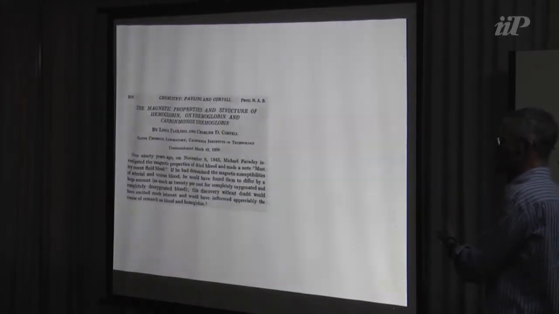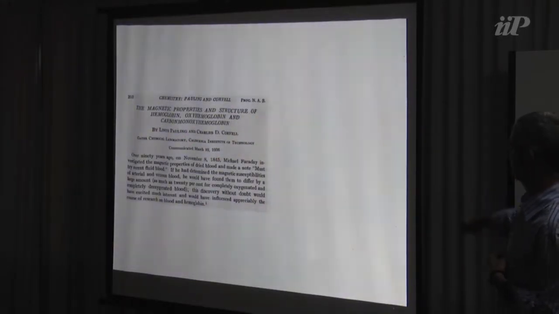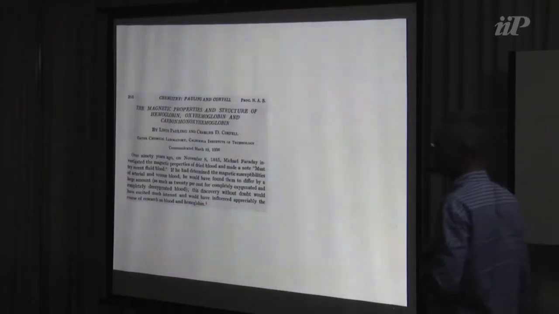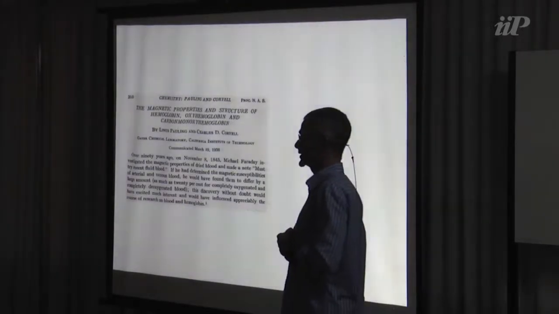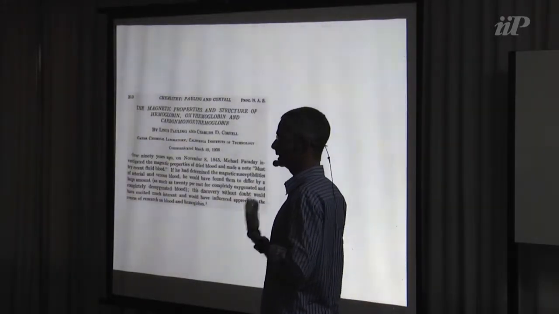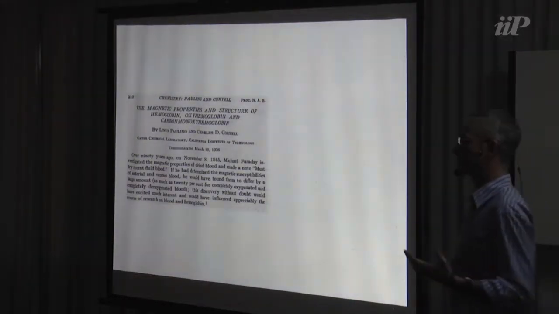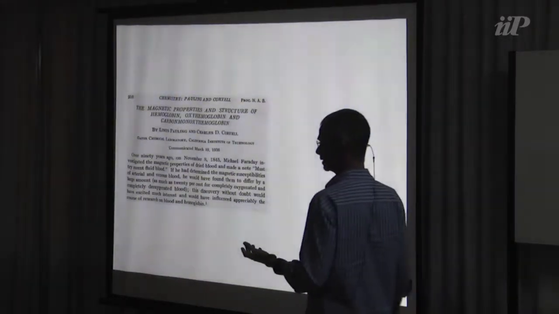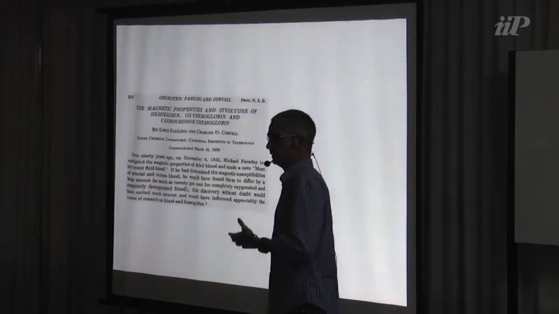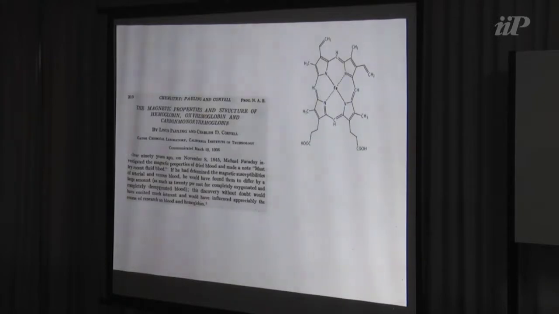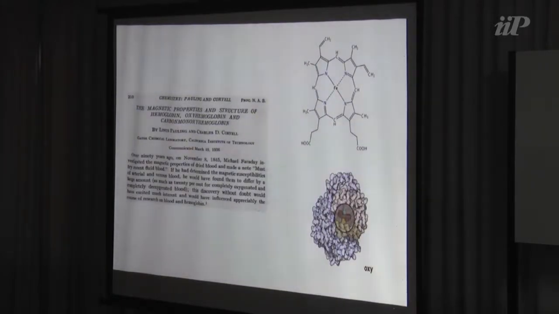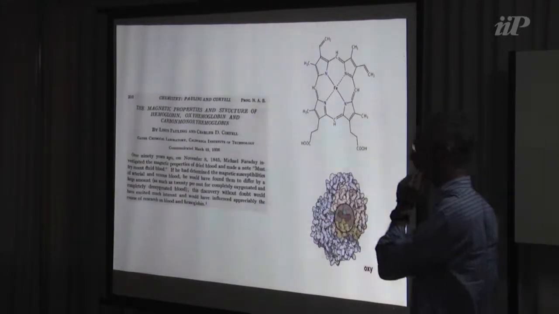Part of the story goes back to 1936, when Pauling found out that the magnetic properties of hemoglobin differ depending on the oxygenated state that the hemoglobin is at. Meaning that oxyhemoglobin is diamagnetic and deoxyhemoglobin is paramagnetic.